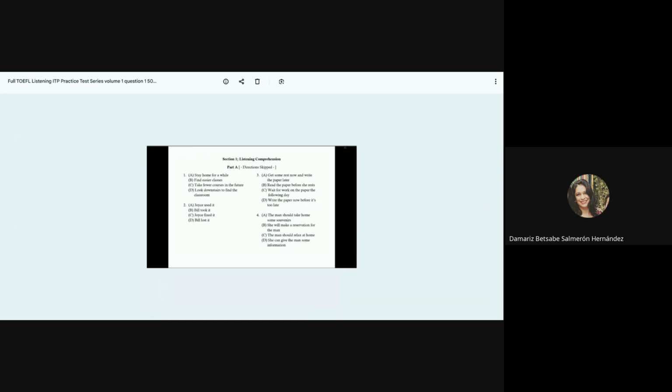Here's an example. On the recording, you hear, I don't like this painting very much. Neither do I. What does the man mean? In your test book, you read, A. He doesn't like the painting either. B. He doesn't know how to paint. C. He doesn't have any paintings.